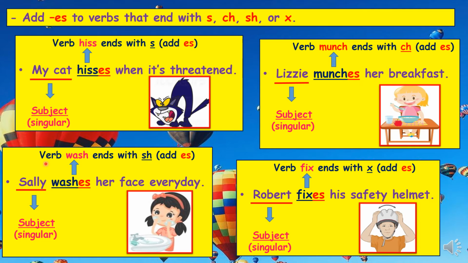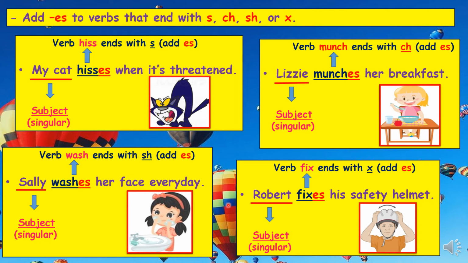Another example, Sally washes her face every day. Also, Sally is the subject. What does Sally do? Washes. Wash is the original verb, so wash ends with sh. That's why we have to add es to the verb.